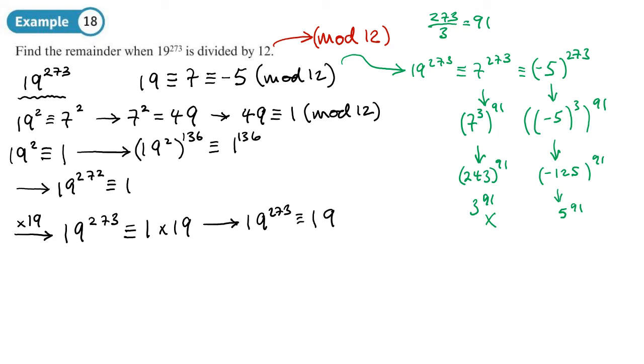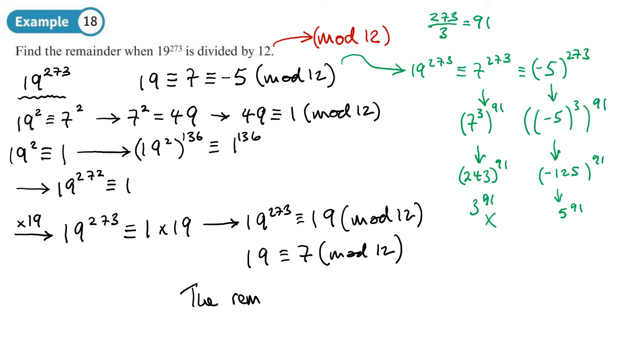And we're dealing in mod 12, aren't we? So really I should have put mod 12 up over all of these. And 19 is congruent to, take away 12, 7 in mod 12. So that's the remainder. So the remainder is 7.